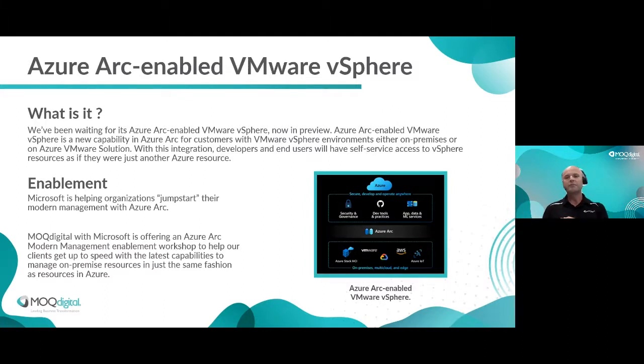They've got massive investments in training of their staff and their organizations in the use of VMware products. But this integration now lets you still work with those capabilities and tools, but you can start to apply Azure management principles to them.